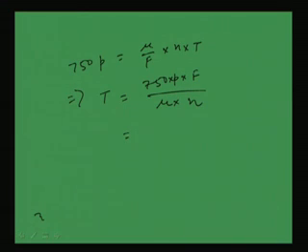So this will become 750 into P into, now the factor of safety we generally consider as 1.4 in this case. So 1.4, and mu for steel we generally consider around 0.5, and N is the number of interfaces.